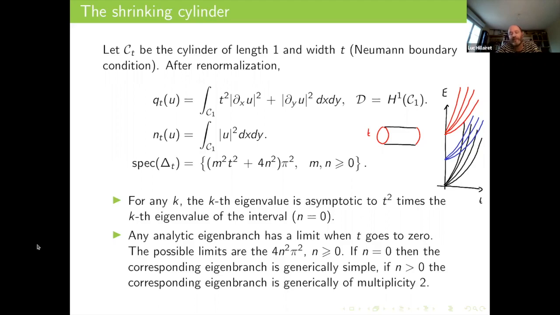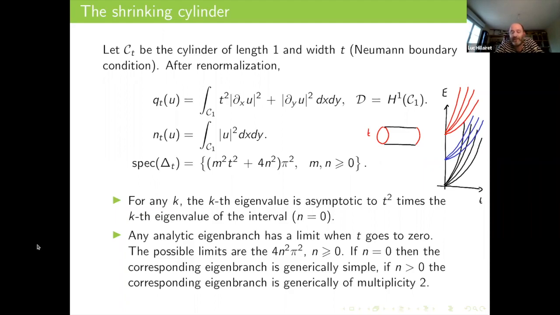And if you're interested in multiplicity results, what you also see is that the black eigenbranches, the ones that go to 0, are simple because they correspond to the transversal mode, that is constant. But any other eigenbranch is of multiplicity 2. I mean, generically, because there can be crossings, so it can have multiplicity higher than 2, but generically it will be of multiplicity 2.